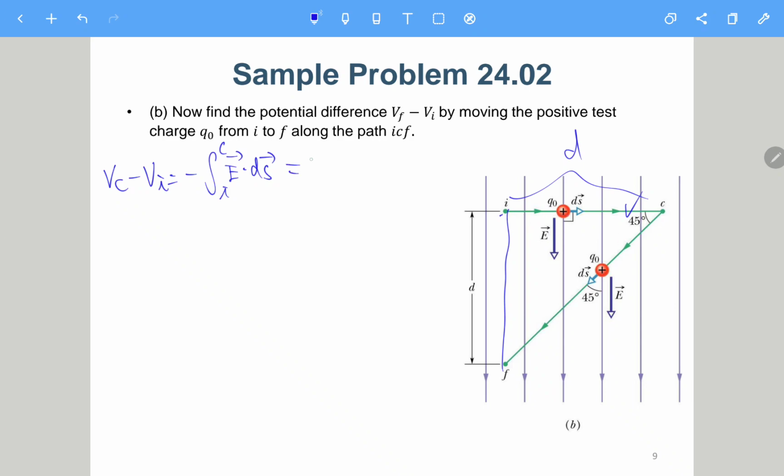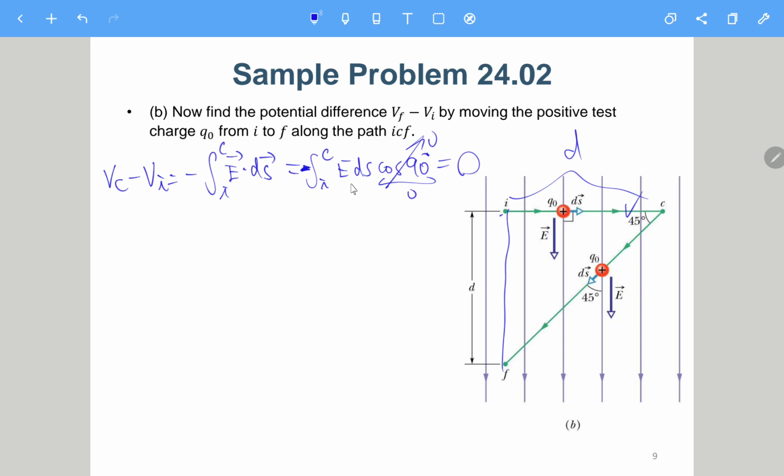So it will be integration from I to C of E times ds cosine of 90 degrees. This thing is 0, so the integration will also be 0. I forgot the minus sign here.